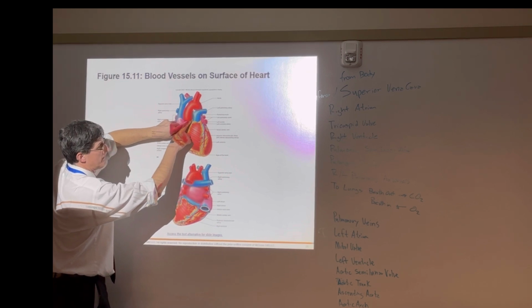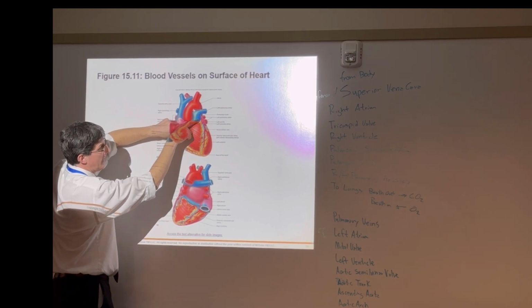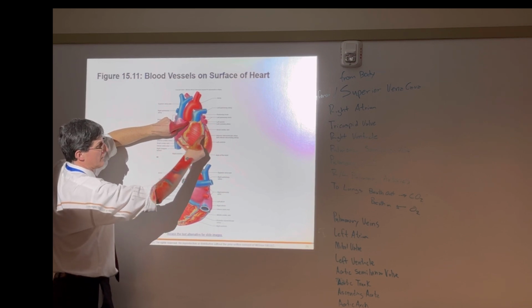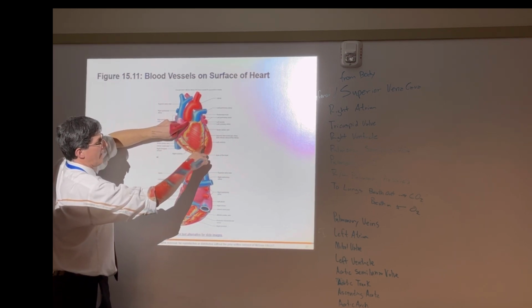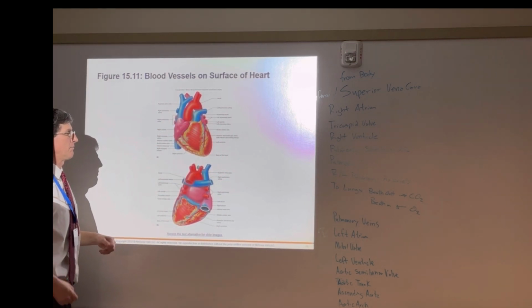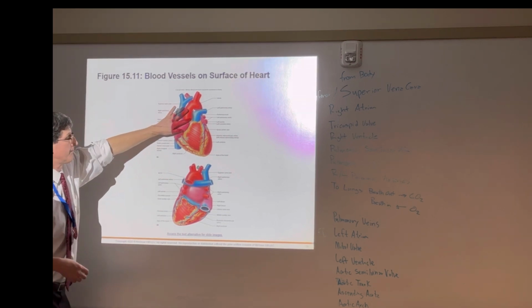So the left coronary artery goes behind the pulmonary trunk, and then it comes out underneath the auricle on the left side of the heart. And then you can see it go down the front of the heart. And so it doesn't just appear there, but it's coming from behind the pulmonary trunk, which you can't see because the pulmonary trunk's in the way.